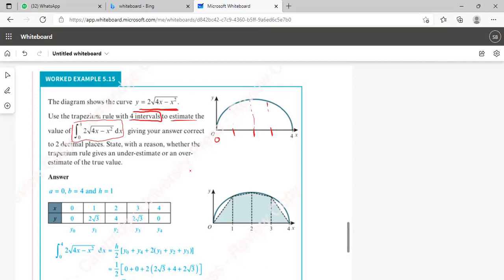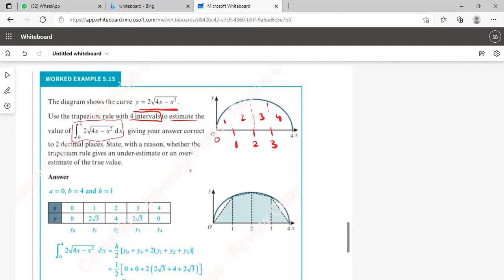When they say intervals, the intervals are equal. So if this is 4, this would be 1, this would be 2, this would be 3, and this would be 4. So we know our x's: 0, 1, 2, 3, 4.